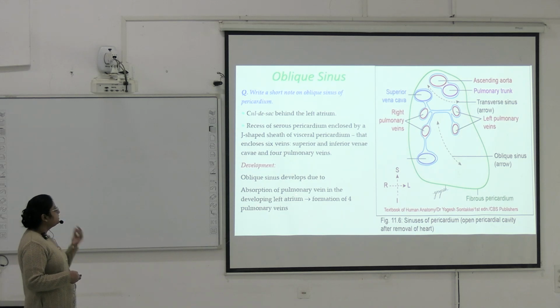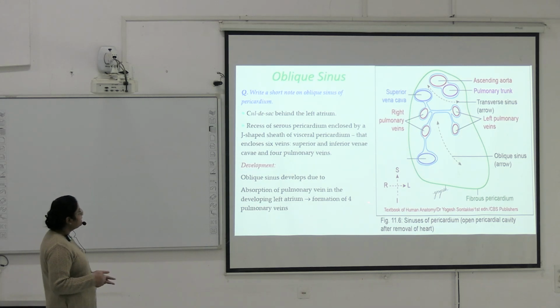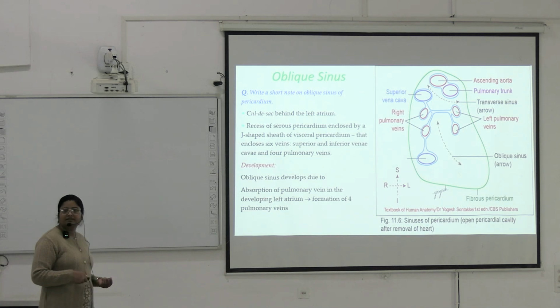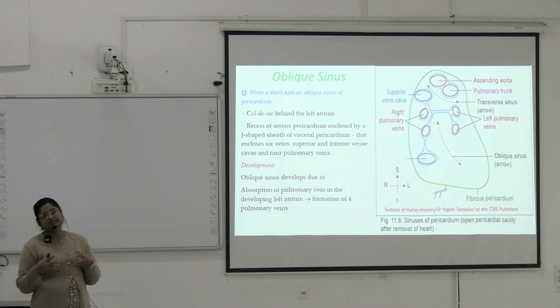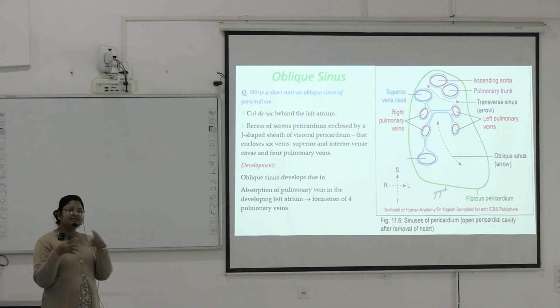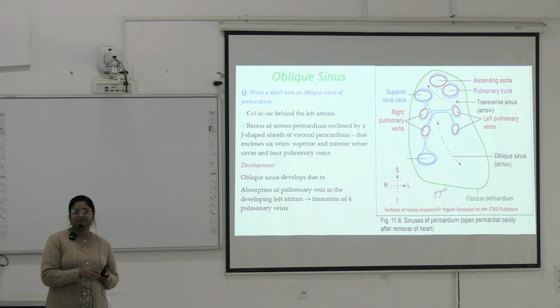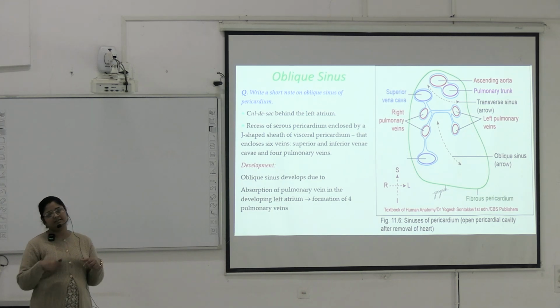Absorption of the pulmonary vein is why 4 pulmonary veins form. They were joined together and draining into the left atrium, but gradually the proximal end got reabsorbed into the wall of the left atrium. That's how the 4 veins open separately.